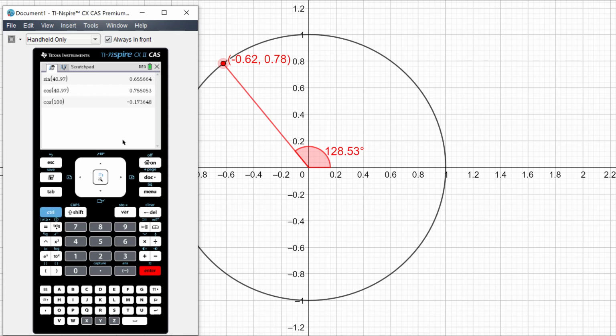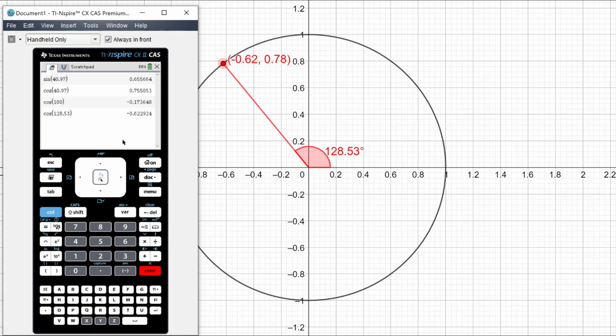That's because the x-coordinate is negative at an angle of 100. If I look at this corresponding value here, cosine of 128.53 degrees is indeed negative 0.62 to 2 decimal places.